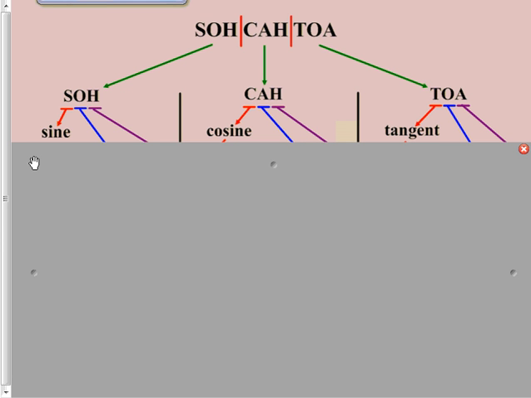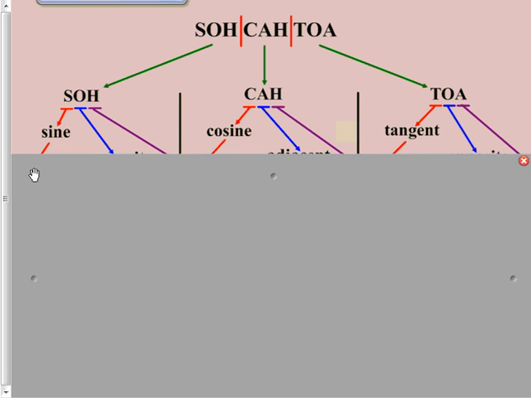Now, if you're wondering where the OH and the AH and the OA come from, well, some of you have probably already figured it out. O is for opposite side, H is for hypotenuse, and A is for adjacent side.